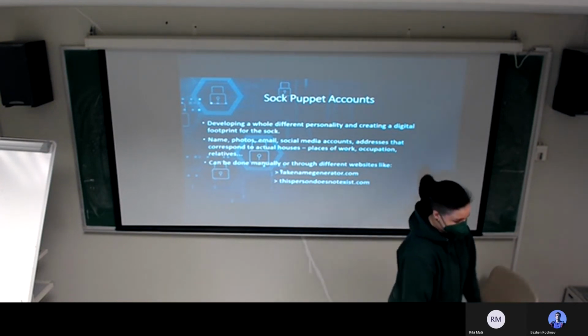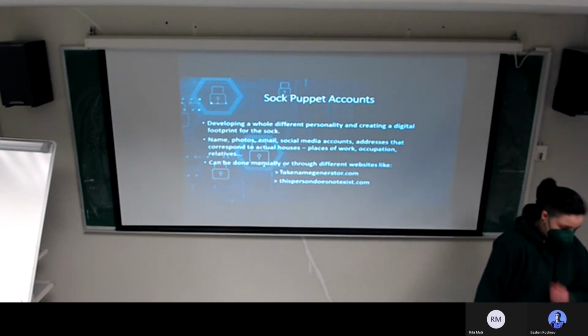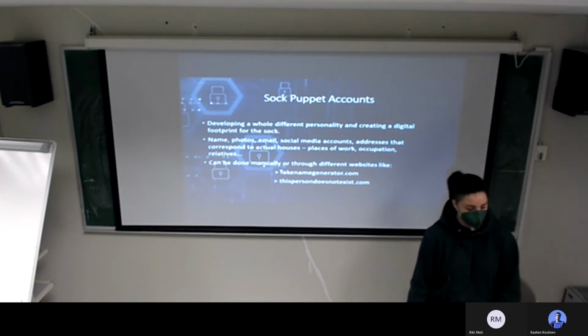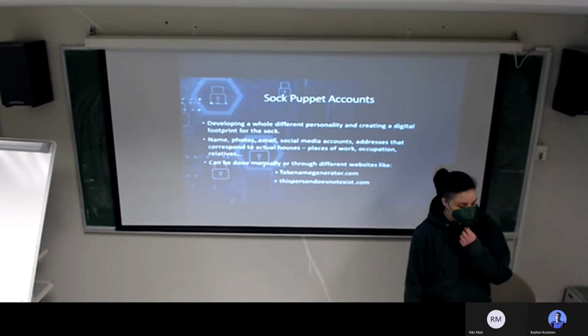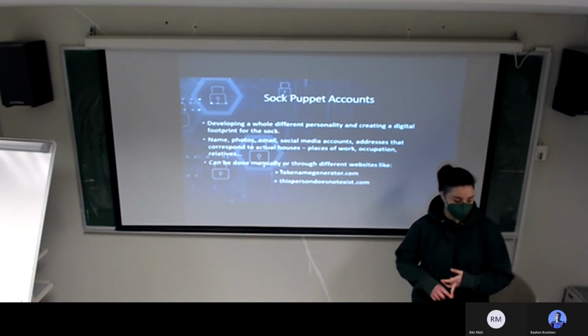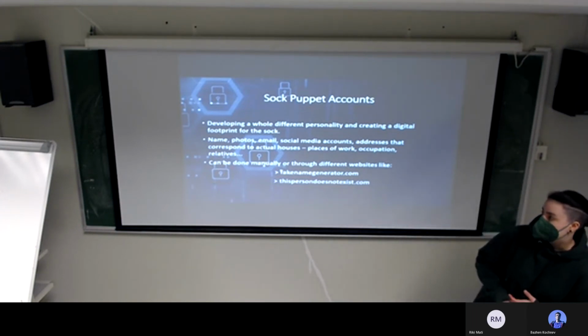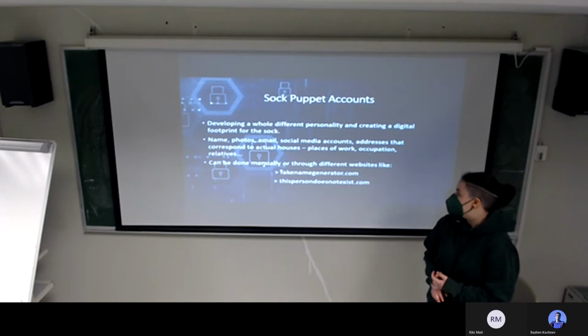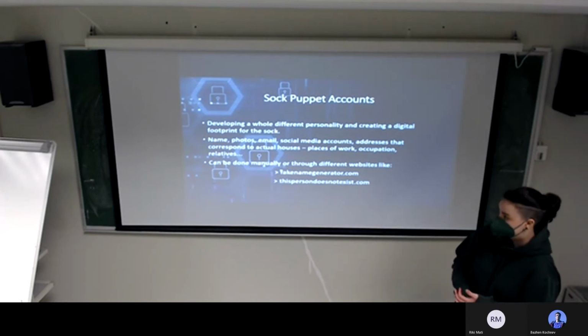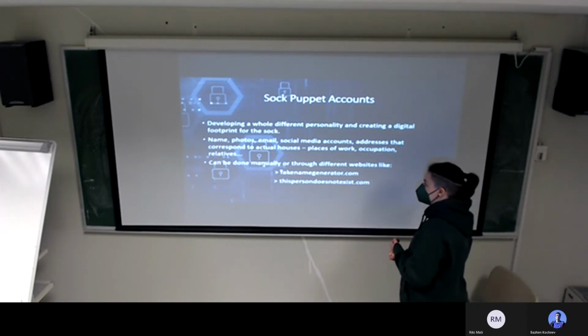So there are different things you have to take into consideration when making a sock puppet account. You have to have an actual name. You have to have photos of the person. You have to have emails that don't have any link to you at all. Social media accounts, addresses that correspond to actual houses and places of work.